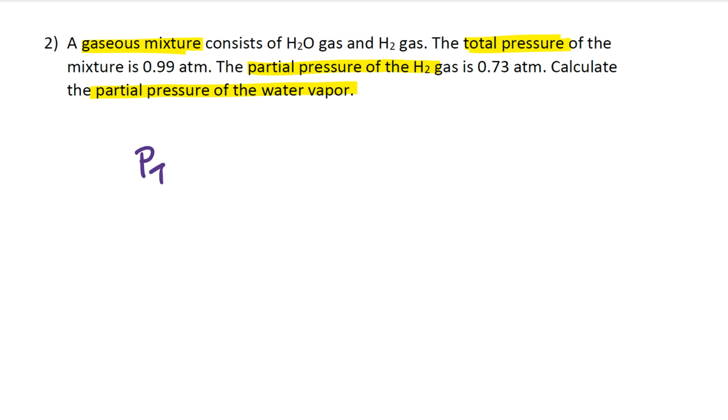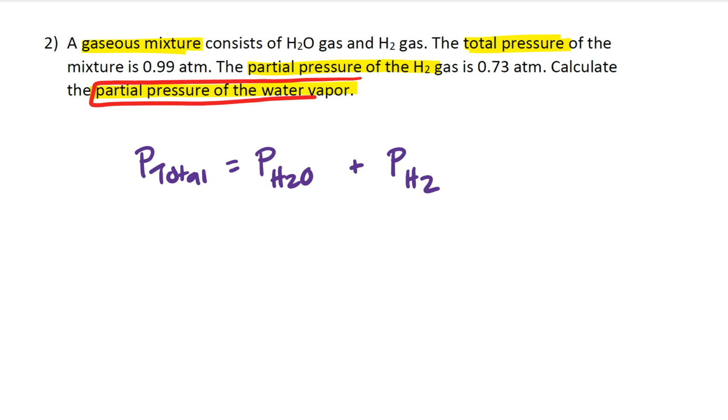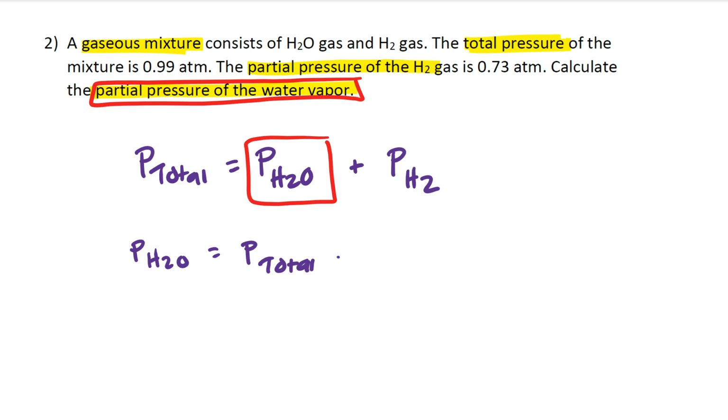So again, let's write out our equation for Dalton's law. Total pressure is equal to the partial pressure of the first gas, which is H2O, plus the partial pressure of the second gas, which is going to be hydrogen. And so I am solving for the partial pressure of the water vapor. So if I rearrange this equation, the partial pressure of H2O is going to be equal to the total pressure minus the partial pressure of the hydrogen.